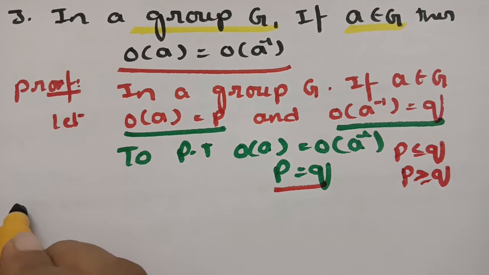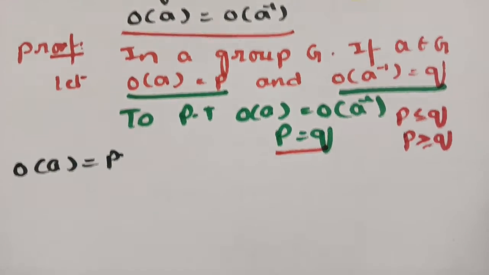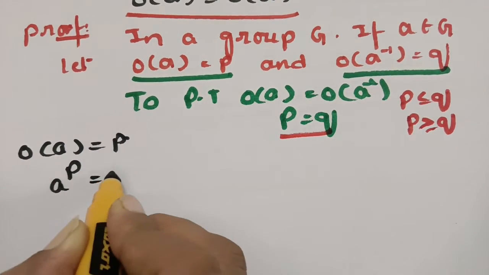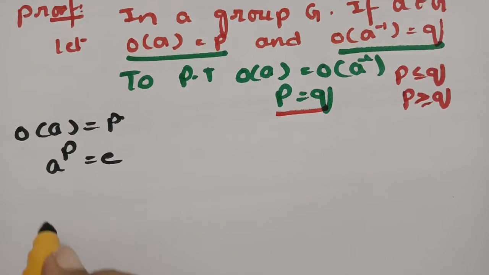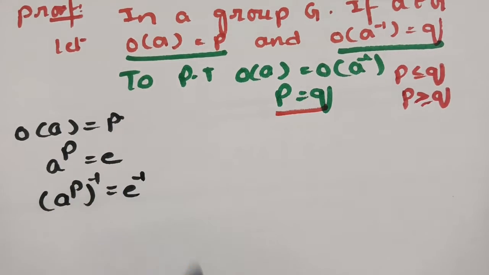It is given that order of A is P. According to the definition of order, A power P is equal to E. Now I am applying inverse on both sides: (A power P) whole inverse is equal to E inverse.